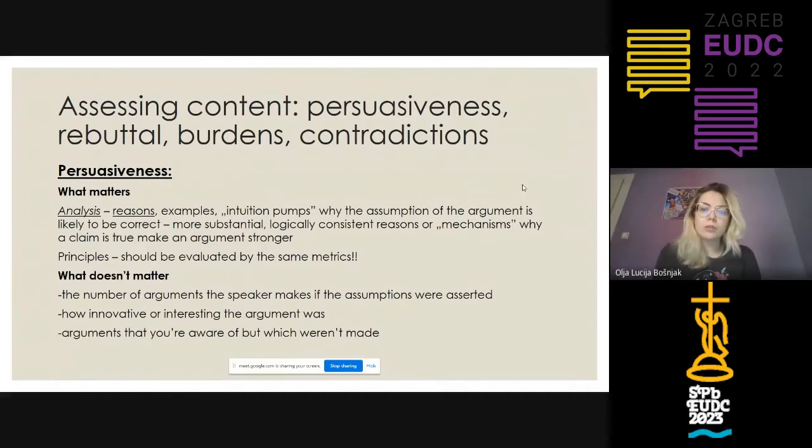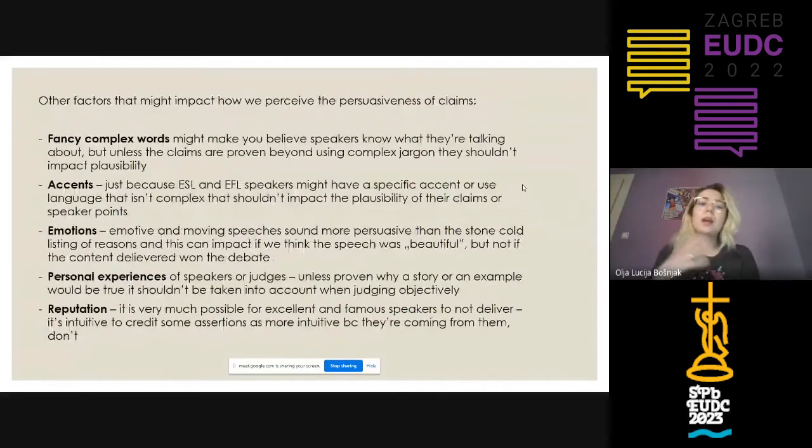So what I wanted to also mention is all the other factors that might impact how we perceive the persuasiveness of claims. So going beyond just a well-analyzed argument and what it means from the beginning, right? Firstly, fancy complex words. I think a lot of us probably know that someone can use complex, fancy language. It just doesn't mean that the claim is likely to be true or more likely, or that the argument is made in any better way than an ESL speaker would.